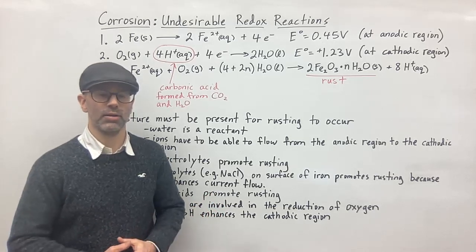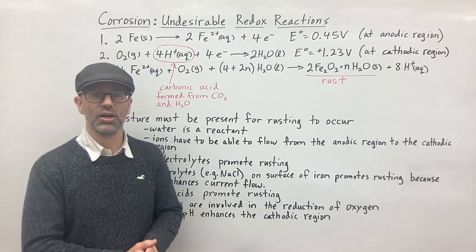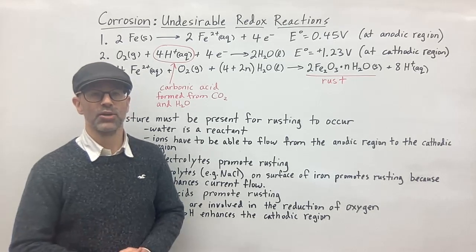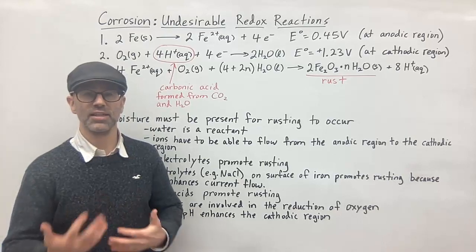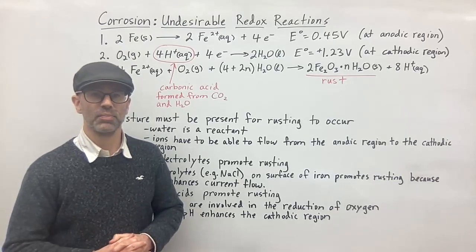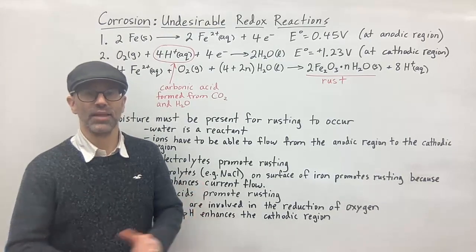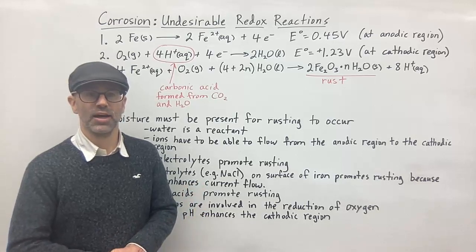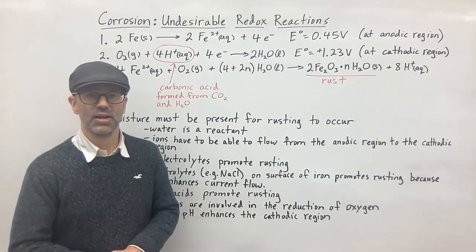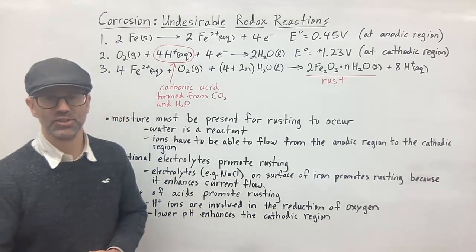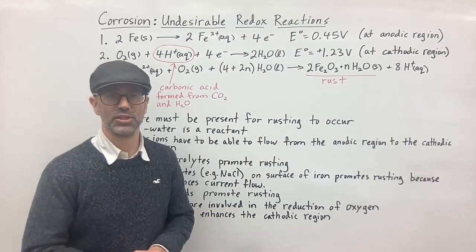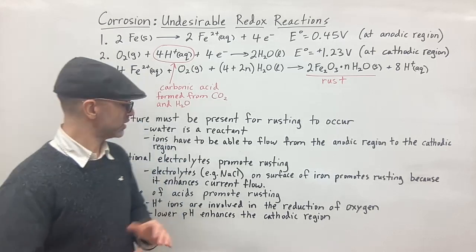It also occurs in coastal regions where you've got a lot of sea salt, or salty air that's going to also enhance the reduction of oxygen and the formation of this rust.